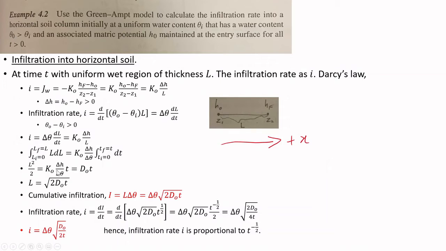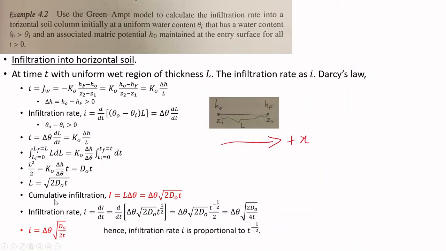The K naught multiplied by the difference of head divided by the change of moisture content is given by D naught. So now you can rewrite this equation as L equals the square root of 2 D naught times time.